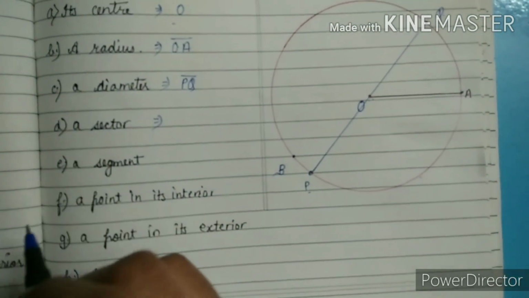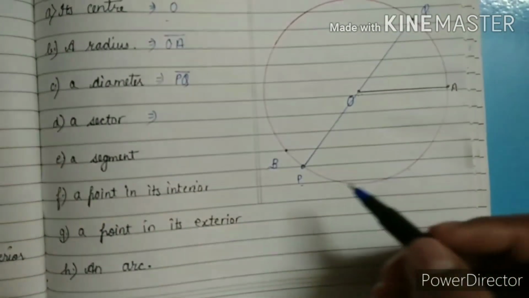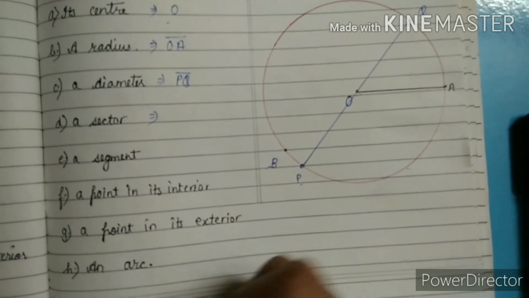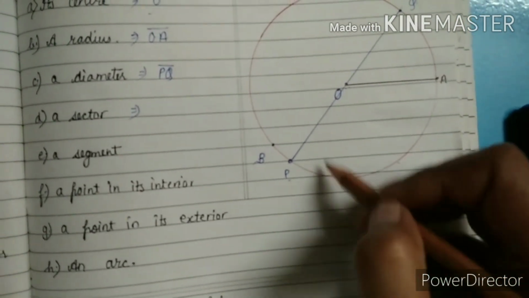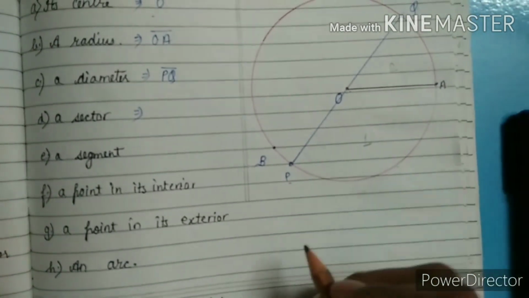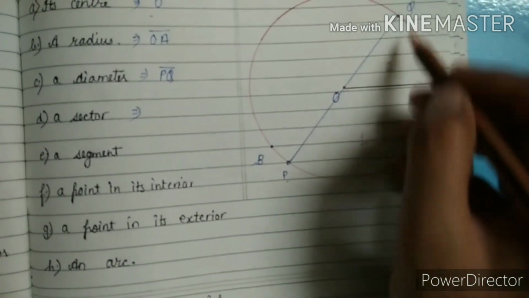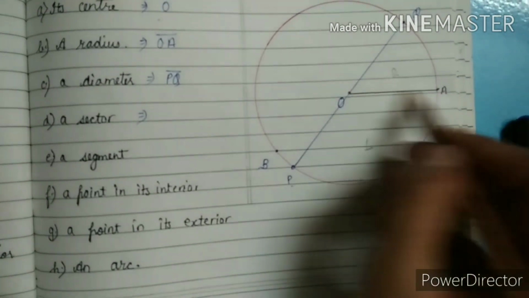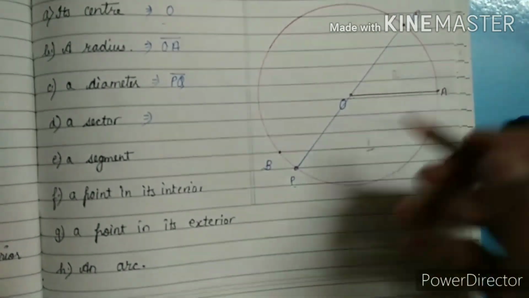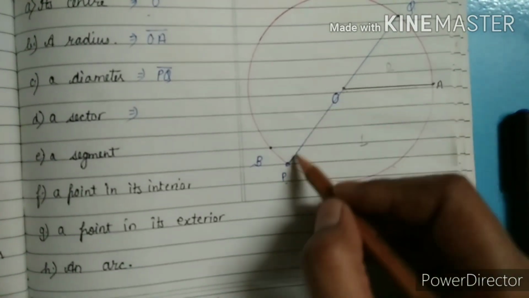Next is sector. Sector means an arc and 2 radii. So here is one of the sectors of the circle, this thing. This is one sector. This is the second sector. Have you seen? 1, 2 radii, 1 arc. But we are not showing it here. We will draw a new one. Have you seen the first radius here?